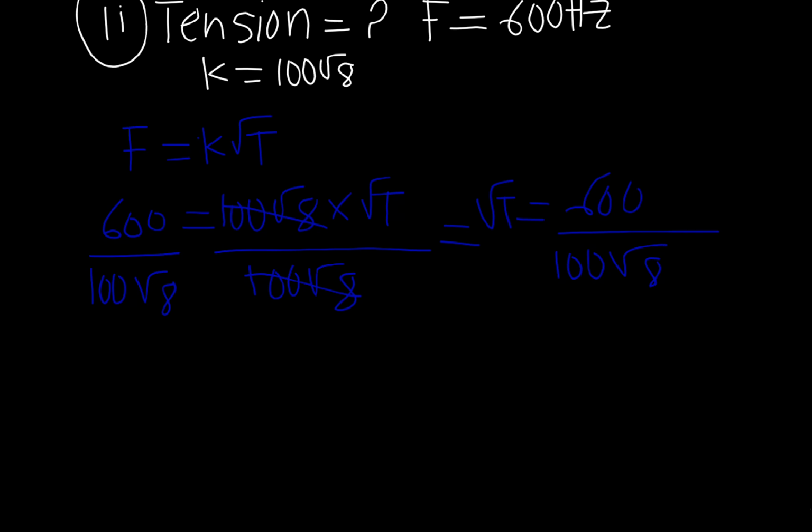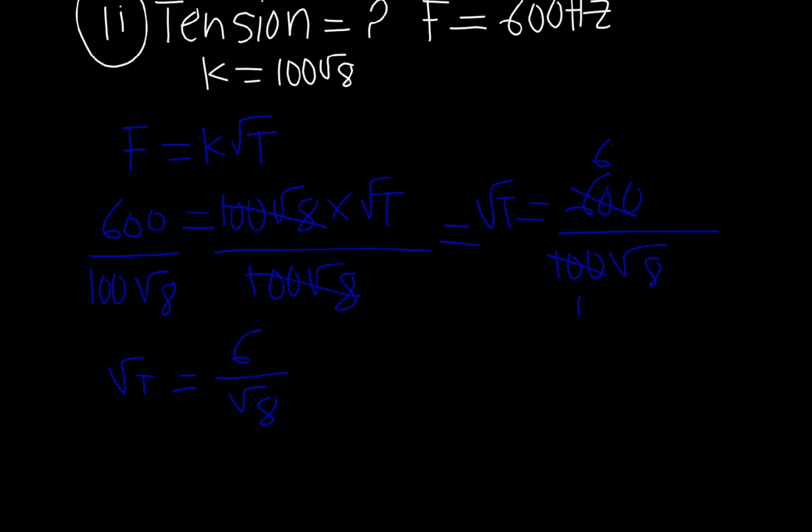Now, what could go? 100 here is 1, 100 into 600 is 6. So the square root of T equals 6 over root 8.